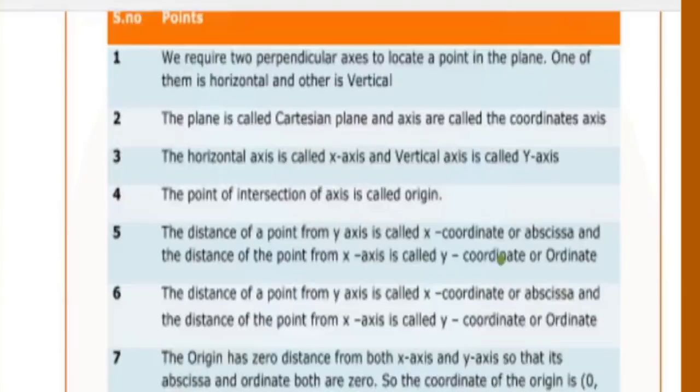The y-coordinate is also called the ordinate. The origin has zero distance from both the x-axis and y-axis, so its abscissa and ordinate are both 0. So the coordinate of the origin is (0, 0).